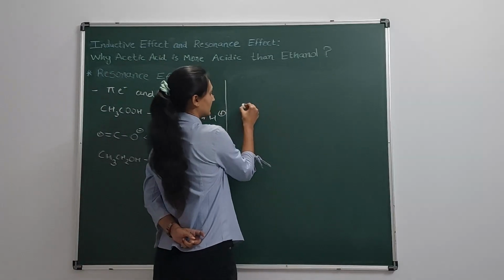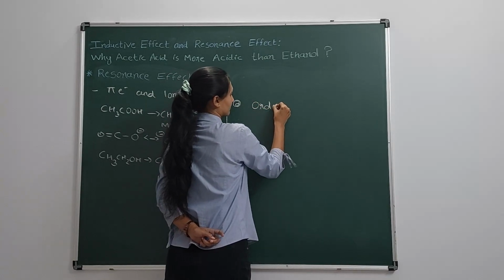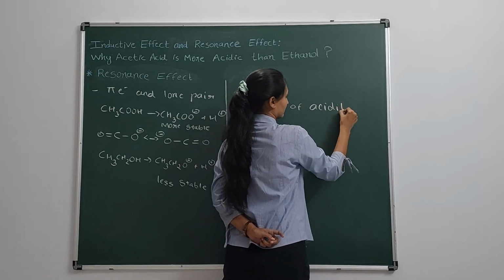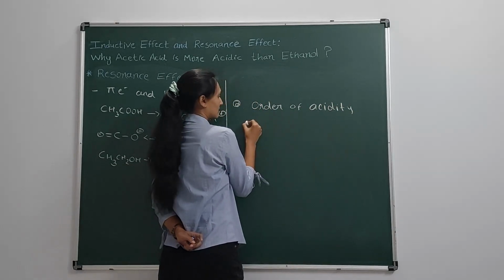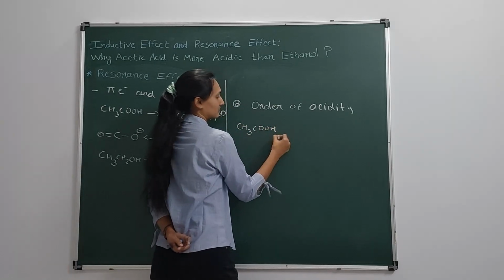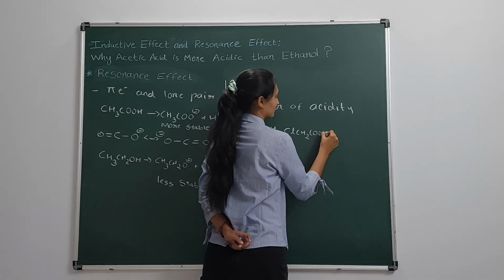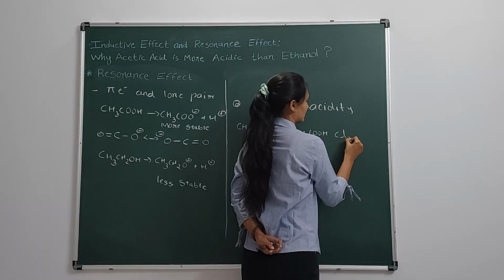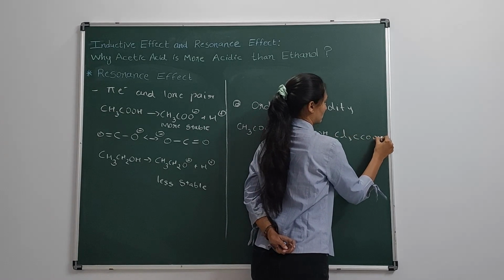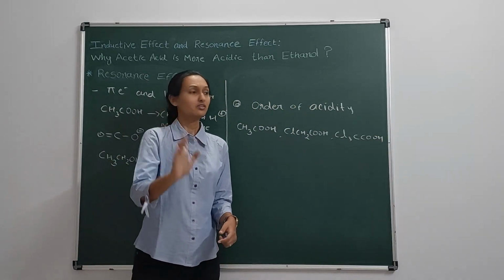Give the order of acidity: CH3COOH, ClCH2COOH, Cl3CCOOH. Pause the video and think about it.